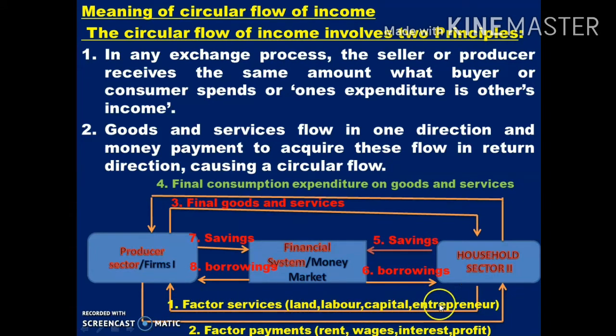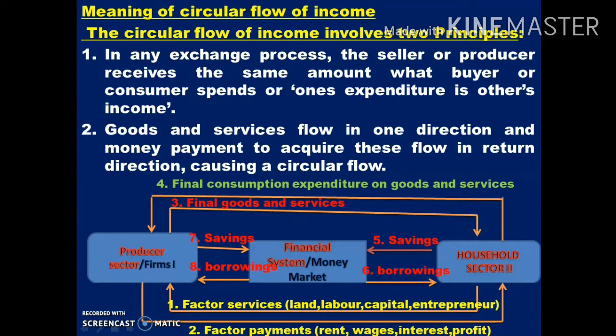Land, labor, capital and entrepreneur. This arrow is going similarly up and third you can see in return, final goods and services have been returned to the household, or we are purchasing the final goods and services from the firms or the producers. So that is going to the households.